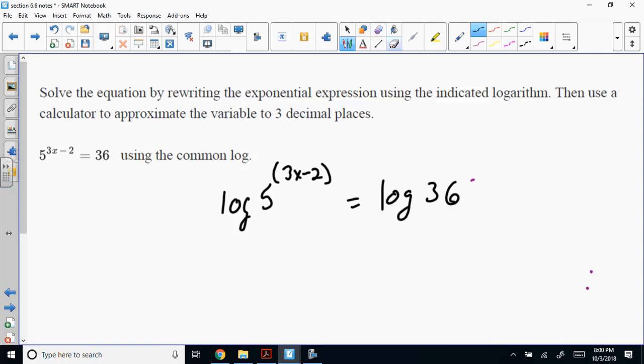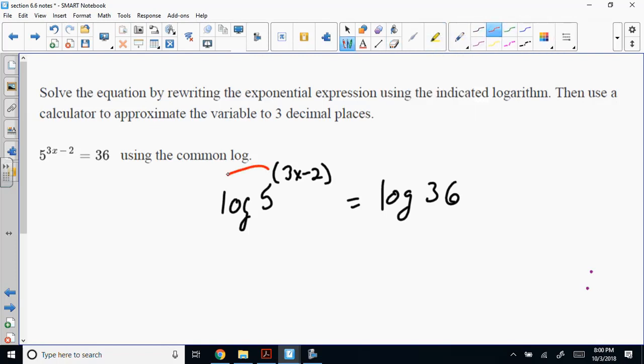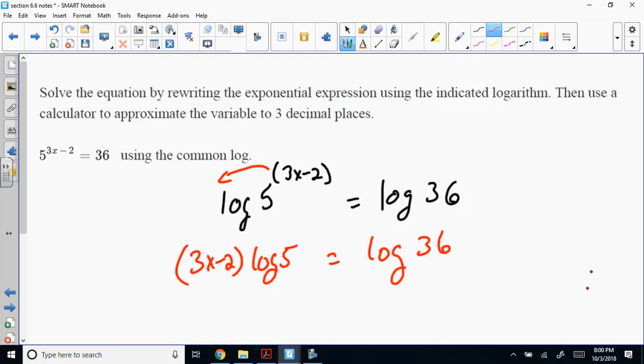Any questions about what I just done? Okay, now what about this? What if I took this out to the front, and that would be 3x minus 2 times log of 5 equals log of, guess what? 36, right?